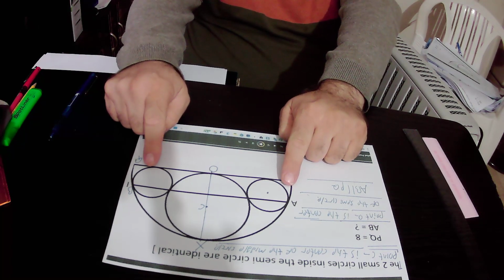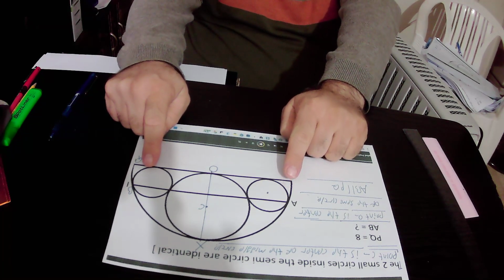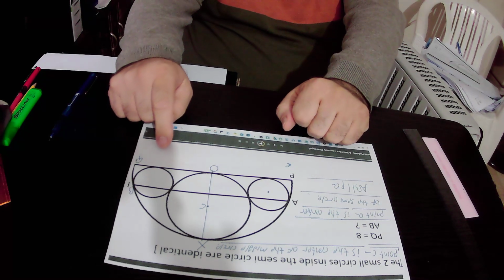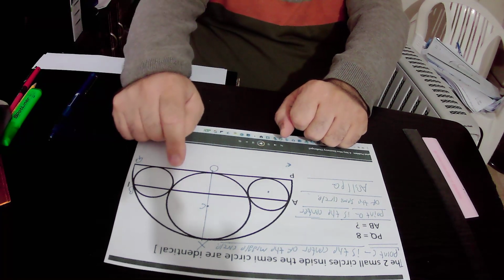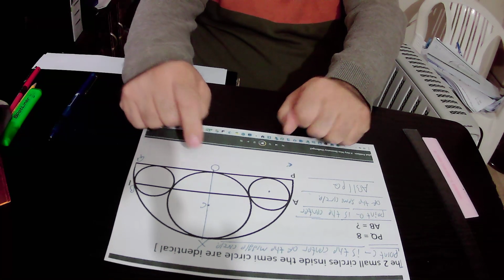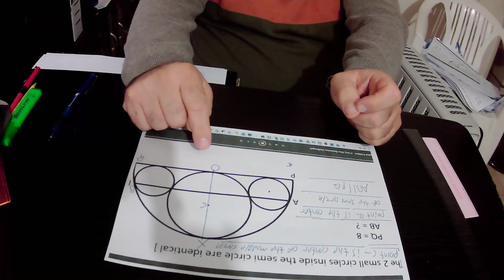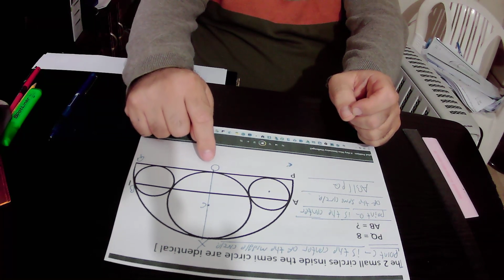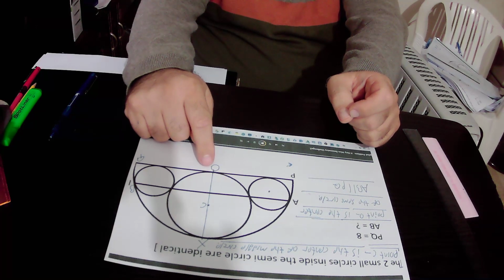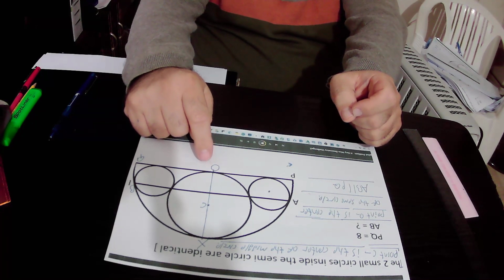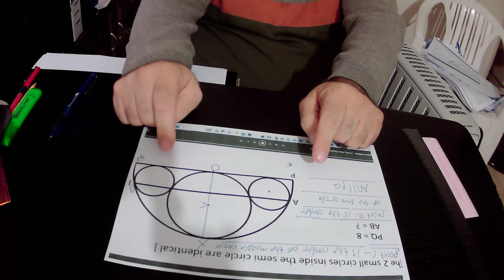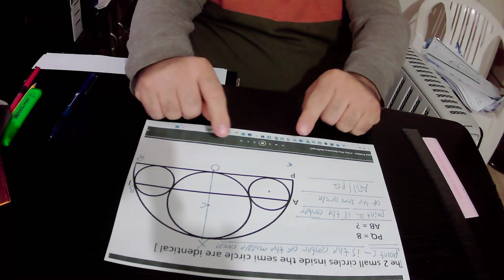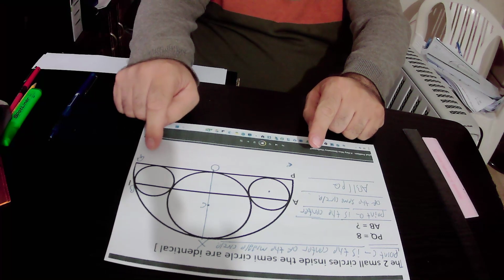Those two small circles are identical, and the middle circle is tangent to the semicircle at point O, and point O is also the center of this semicircle, and we know that PQ equals 8 units.